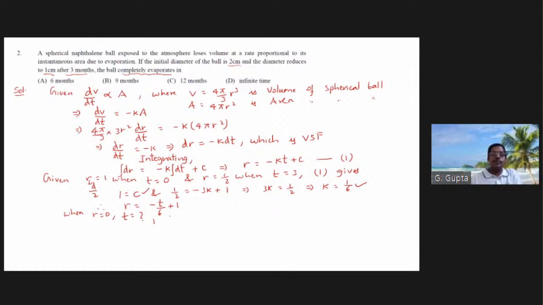Equation 1 gives, back in equation 1 substituting, 0 is equal to minus t by 6 plus 1. Or you can say this is equation 2. Then 2 gives directly, t is equal to 6, that is 6 months. So in 6 months, the ball completely evaporates. Accordingly, the answer is option A. I hope that everyone understood and good following.